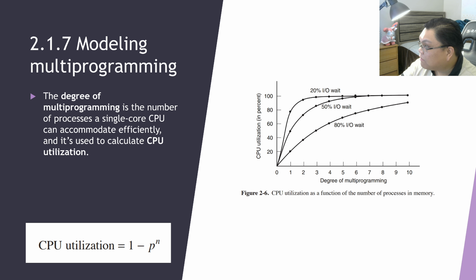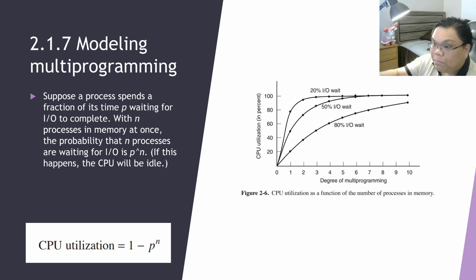The degree of multiprogramming, that is the number of processes a single core CPU can accommodate efficiently, we use that to calculate our CPU utilization. So remember, P is the time a single process spends waiting for I/O.